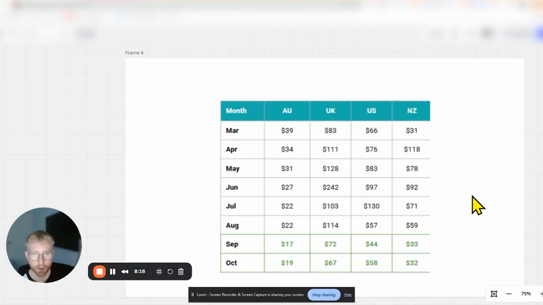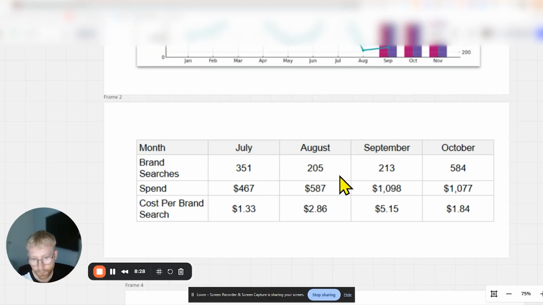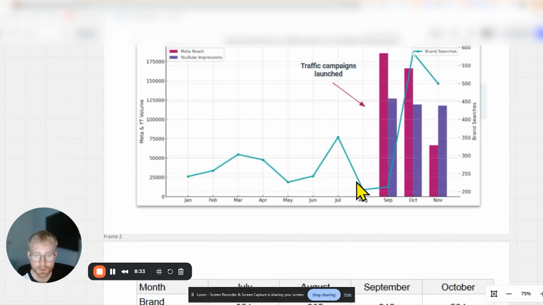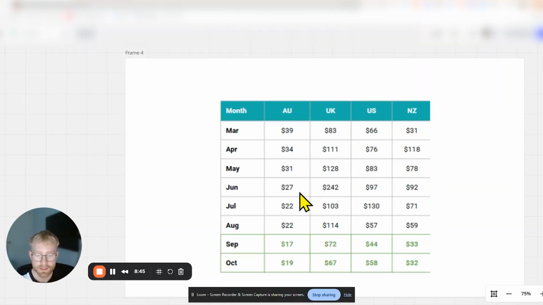the cost per marketing qualified lead across the entire business or channels. These are all 4 regions, but let's just look at the UK because we're looking at the UK here. And you can see in September, when we introduced more channels and more investment at the top of the funnel, i.e., brand campaigns, you can see the impact this has had on the entire funnel when we're looking at marketing qualified leads.